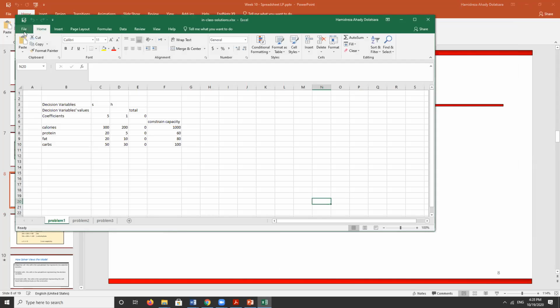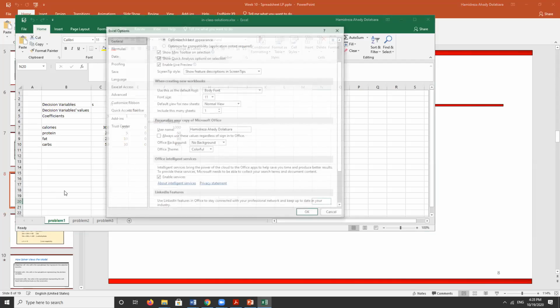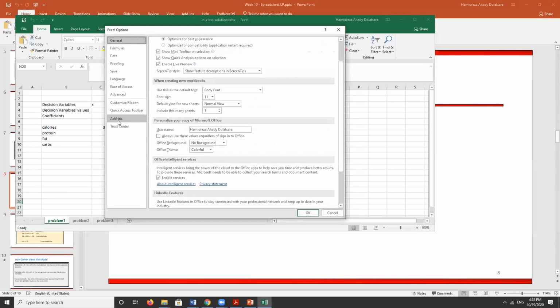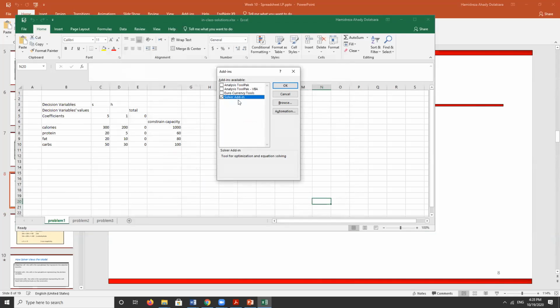So go to File, then Options, then go to Add-ins. Then here, select Excel Add-ins and click on Go. And here, select Solver Add-in.